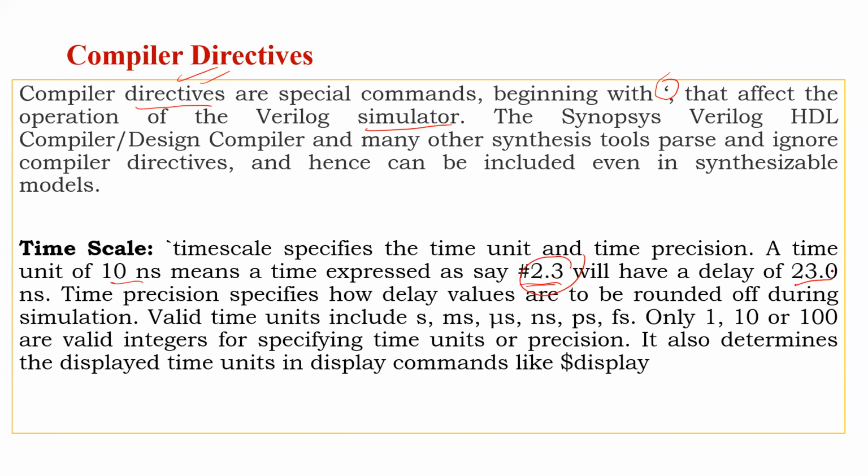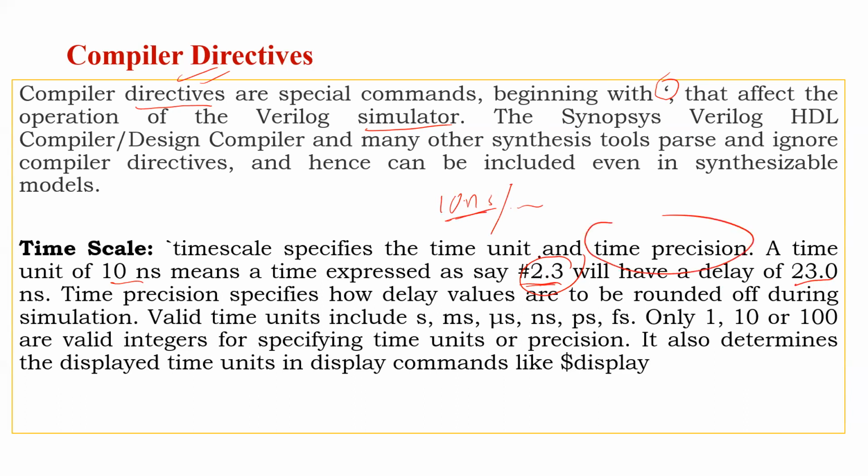Whenever you specify the time unit as 10 nanoseconds, it must be written like this, followed by the precision value. Suppose this is the delay 2.3, which means 23 nanoseconds.